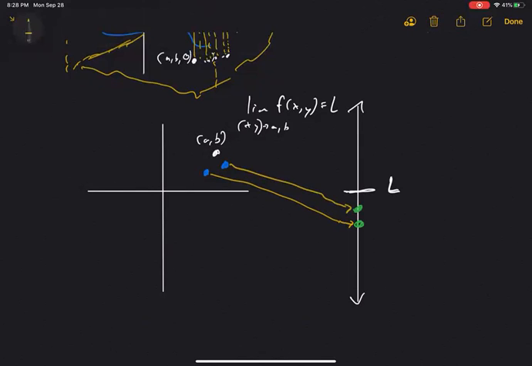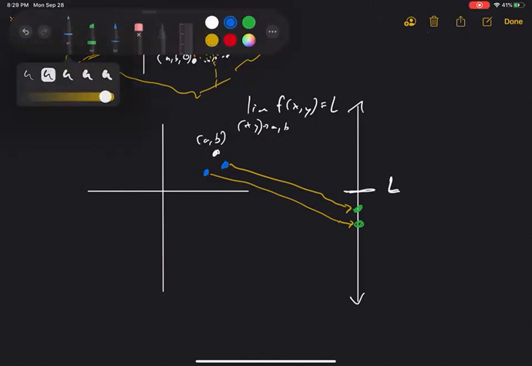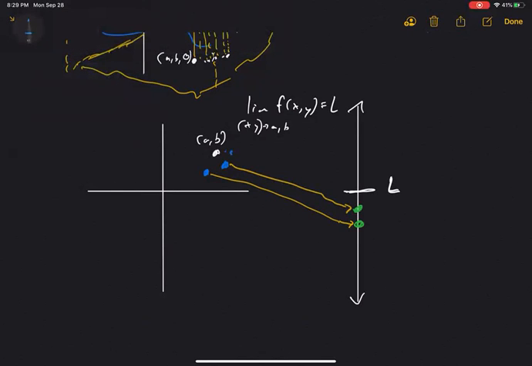So the limit of f of x, y equals L if, as our points get closer and closer and closer to a, b, my points over here get closer and closer and closer to L. So that's another way to think about it.